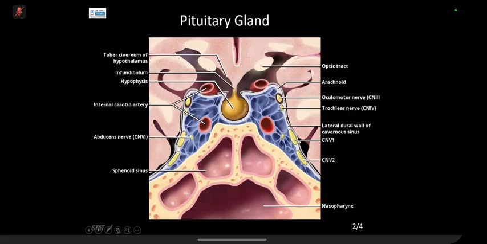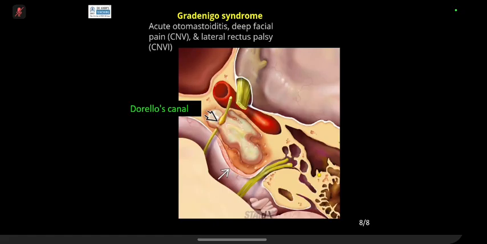Of course, there will be the trigeminal, the first branch and the second branch of the trigeminal. They also, ophthalmic and maxillary, pass through the cavernous sinus. So these questions can be asked in your exam.